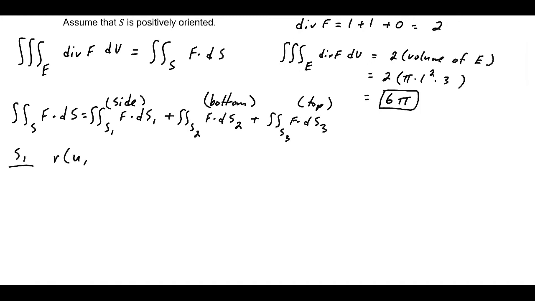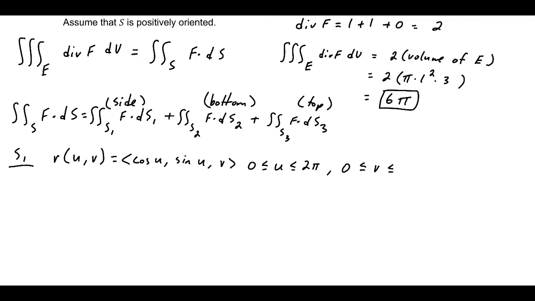Surface 1, the parameterization will be r of u comma v equals angle bracket cosine u comma sine u comma v, end angle bracket, where 0 is less than or equal to u is less than or equal to 2 pi, and 0 is less than or equal to v is less than or equal to 3.